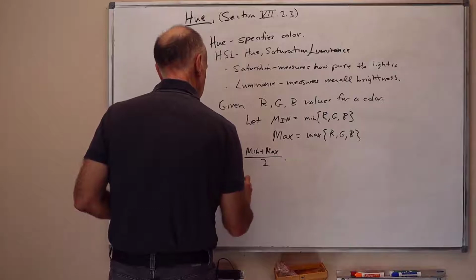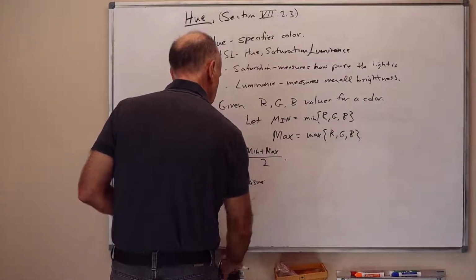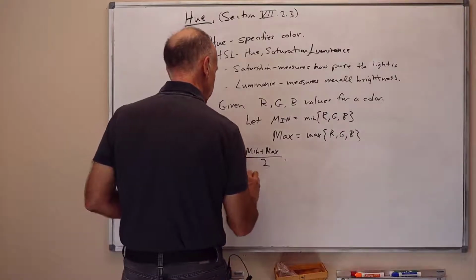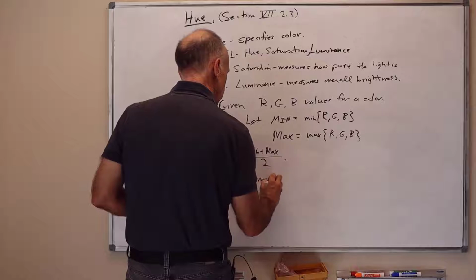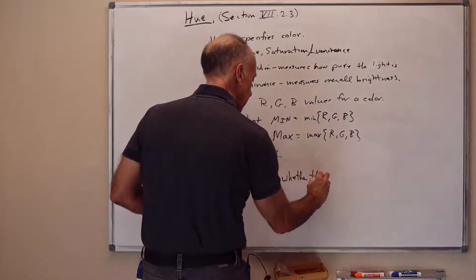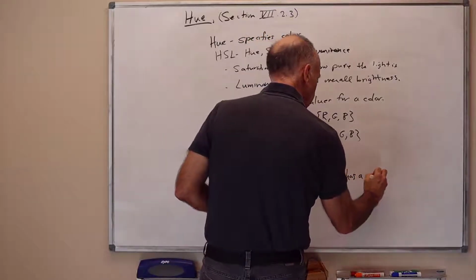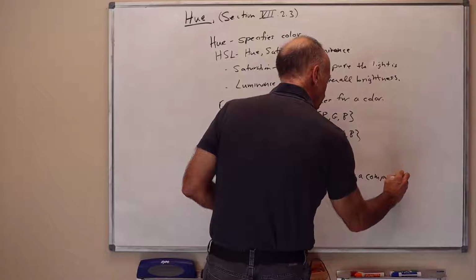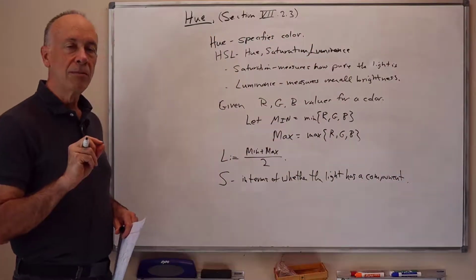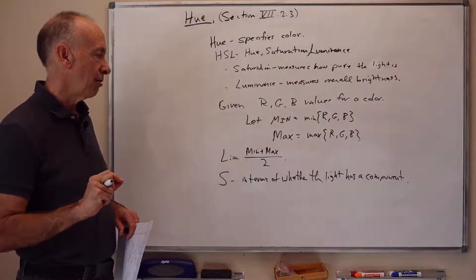Saturation is a measure of how pure the light is. So it's done in terms of whether the light has any white component, as a component of white light. So white, or gray, would be with red equals green equals blue. There'd be no color per se. It would just be a white or gray with red equals green equals blue.